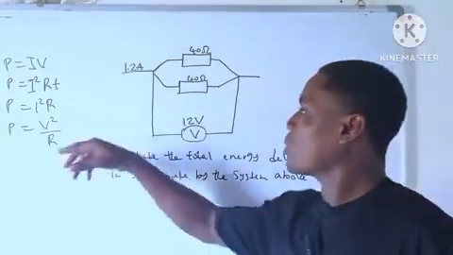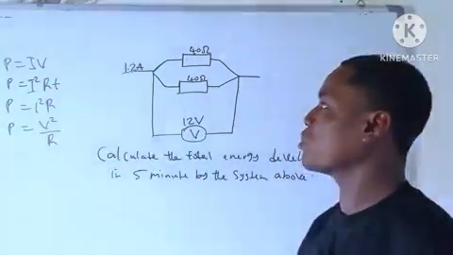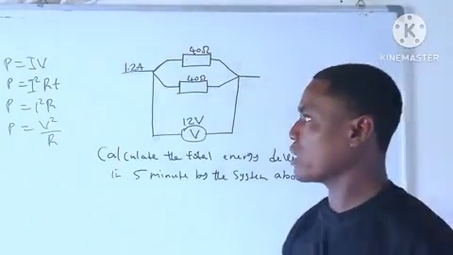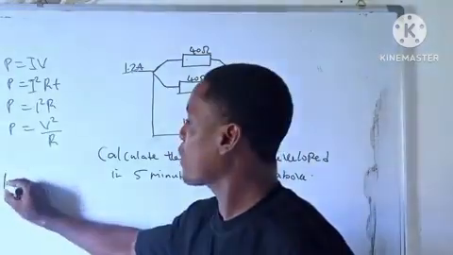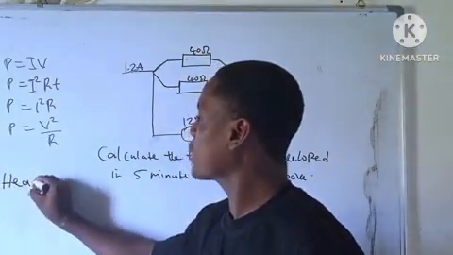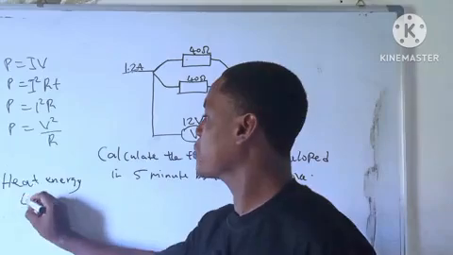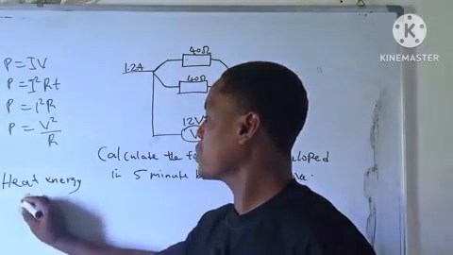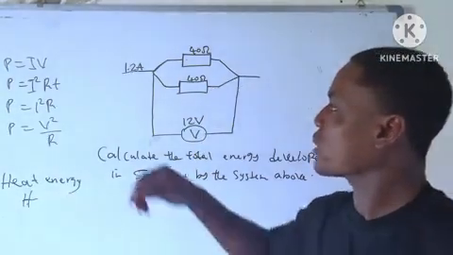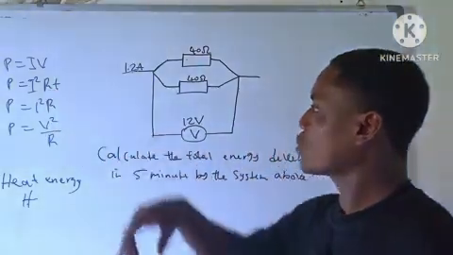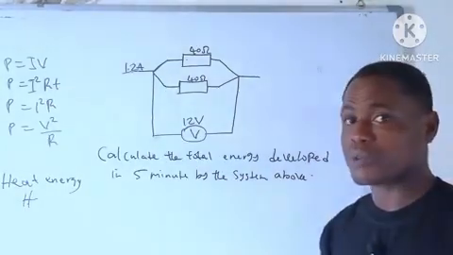Now look at these formulas. That P stands for electric power. We can also use these formulas when we are calculating for heat, like heat energy; the symbol is just H. If we are calculating for heat energy, we can also use some of these formulas.